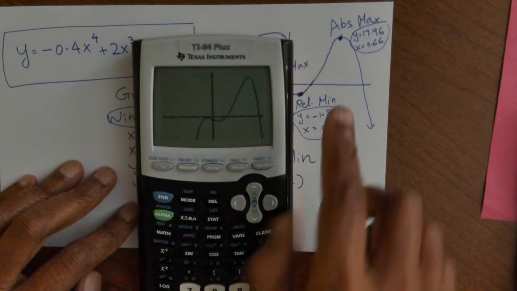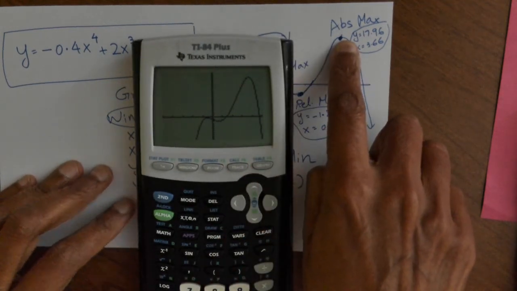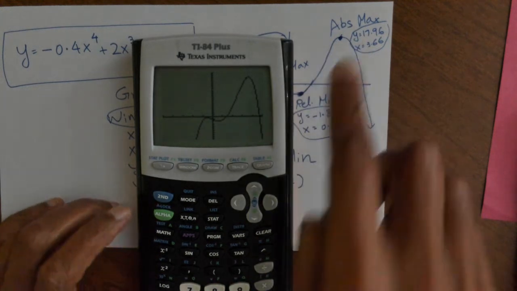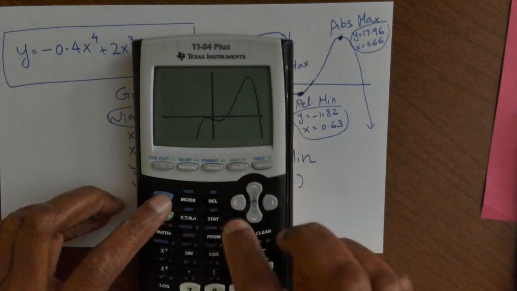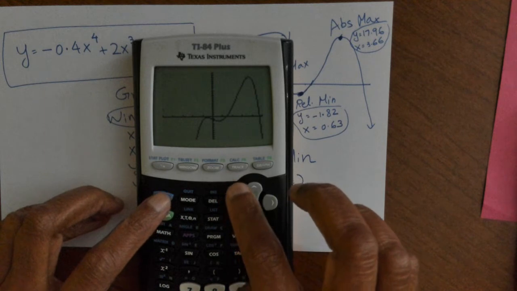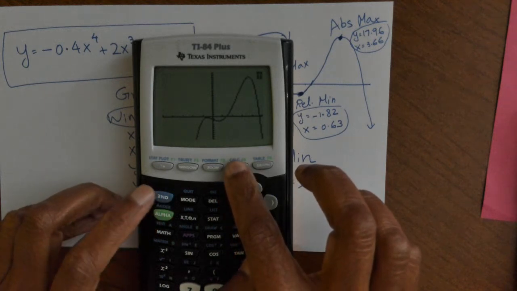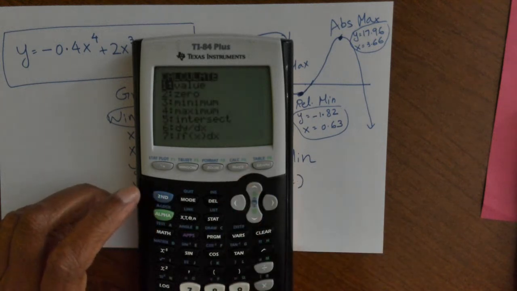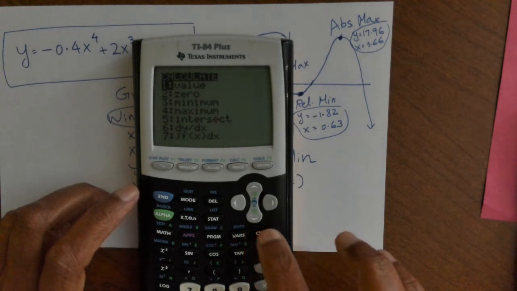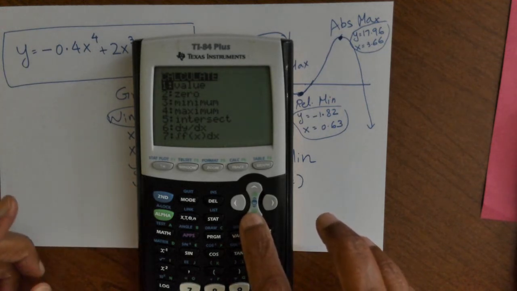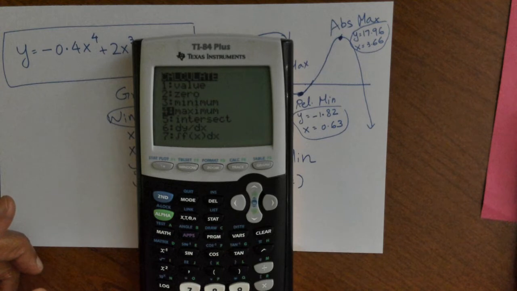Let's start with absolute max. How do we find the absolute max? That is when you go through second calc. Everybody good? Can we all do second calc? And then we are trying to find max, so we're going to go to option number 4. Everybody good?